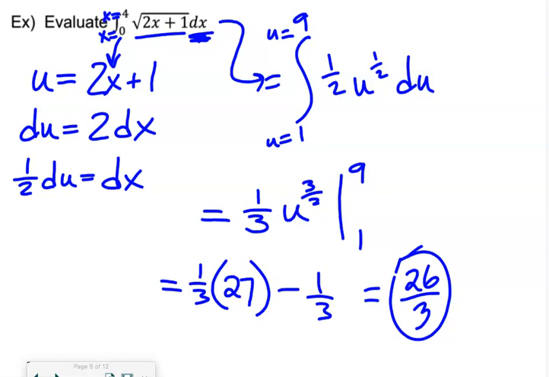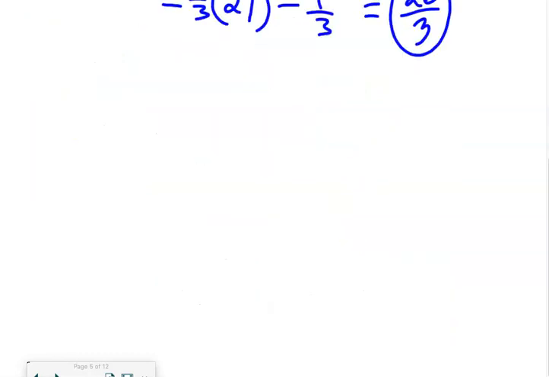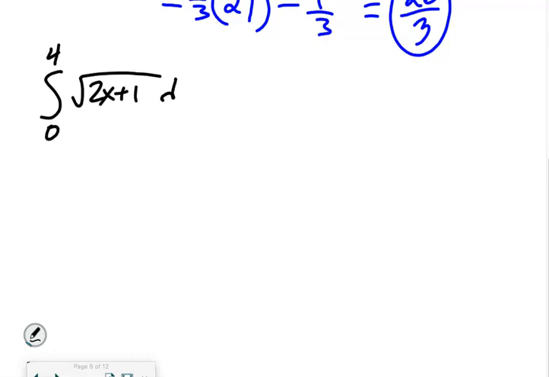If your u is linear, then the antiderivative is exactly the same as it would normally be if it was just x instead of 2x plus 1. You just have to divide by what I call the slope, the number in front of the x. So I'm going to do this problem real quick. This is the integral from 0 to 4 of root 2x plus 1 dx.